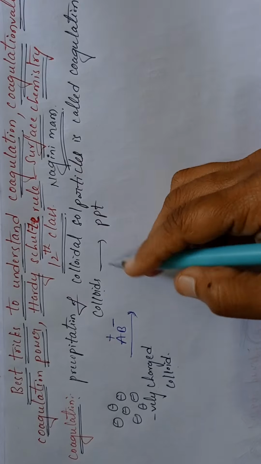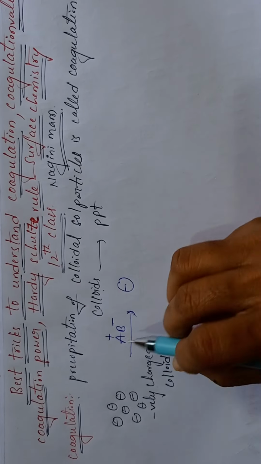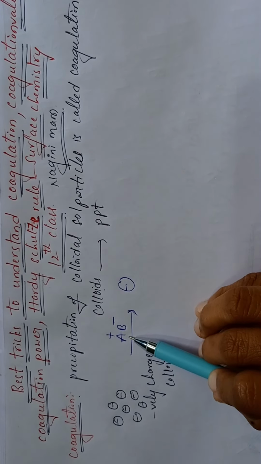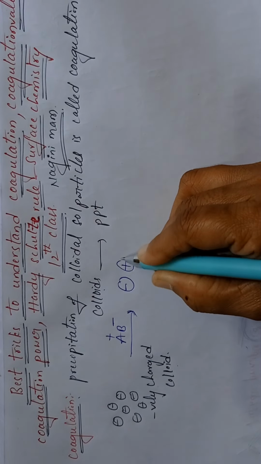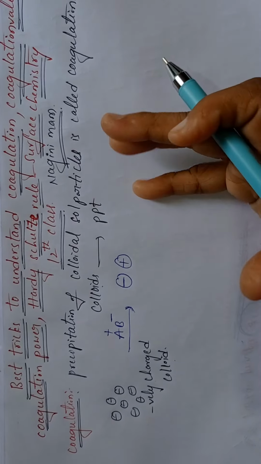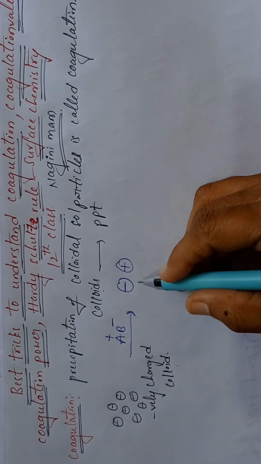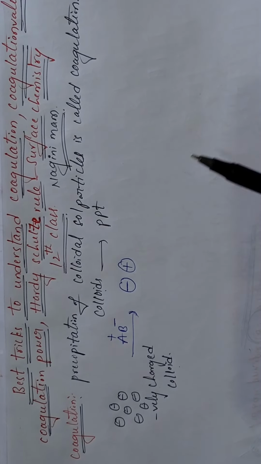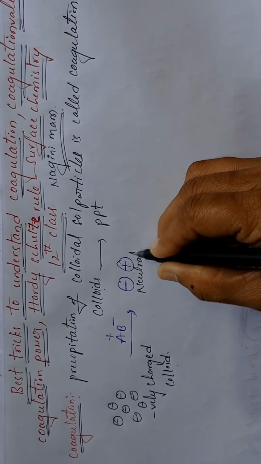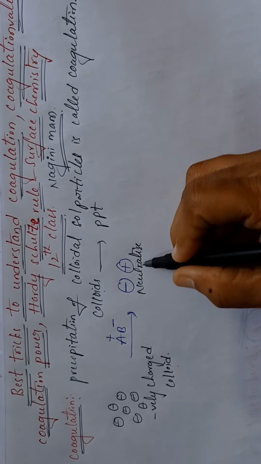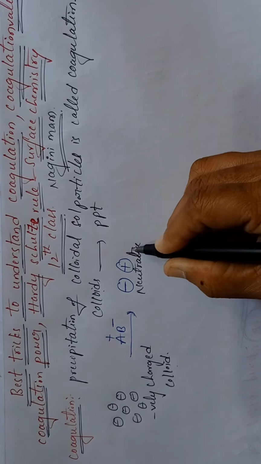Are you clear? So this is the negatively charged particle of the colloid, and this is the electrolyte. From the electrolyte, the positively charged particles are attracted. So what will happen, students? Minus and plus will get neutralized.